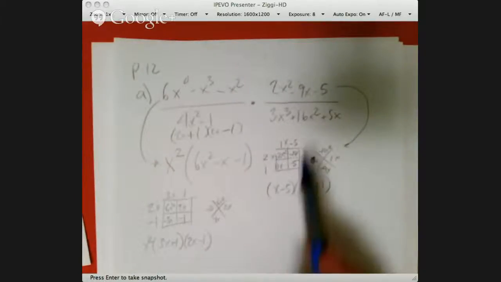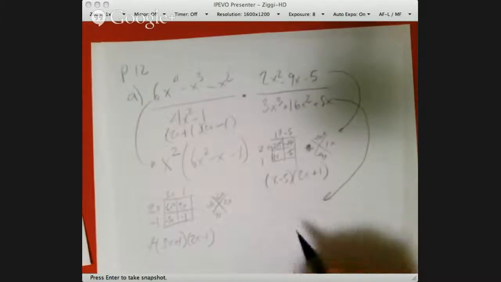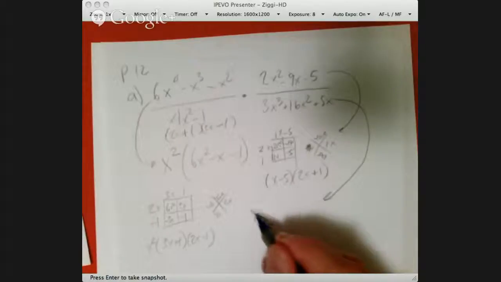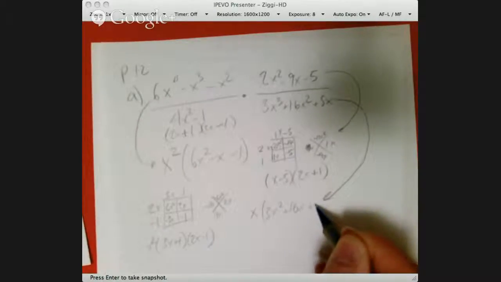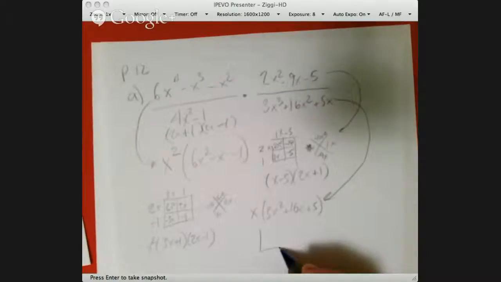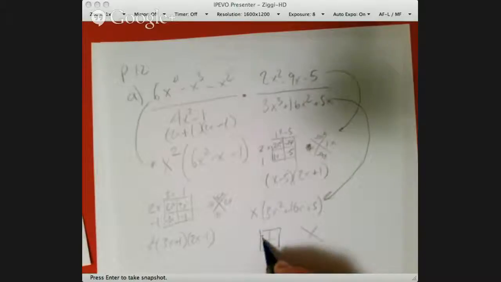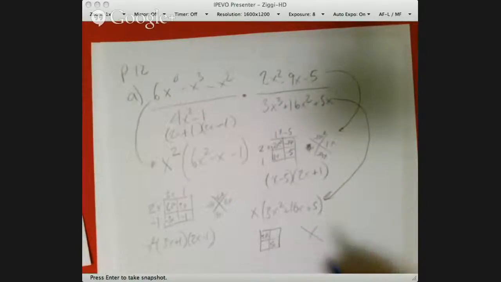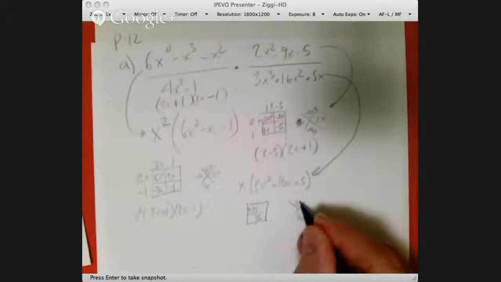I am going to have to do a little bit more work with this guy down here, though. So first thing I'm going to have to do is pull out an x. X squared plus 16x plus 5, and then I've got to do the box. At least they're all positive. I mean, that's fortunate. So 16x, I got 15x squared up here.